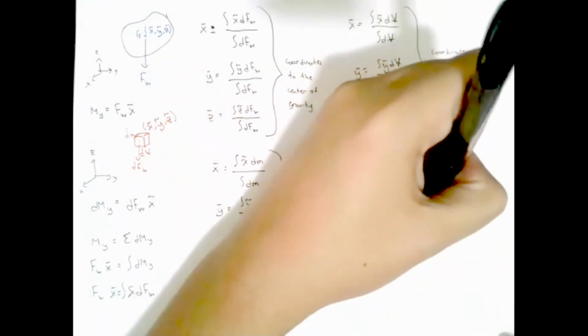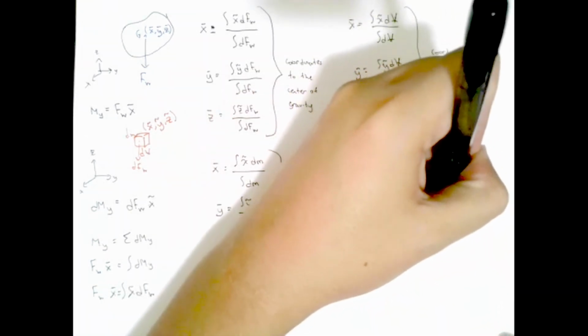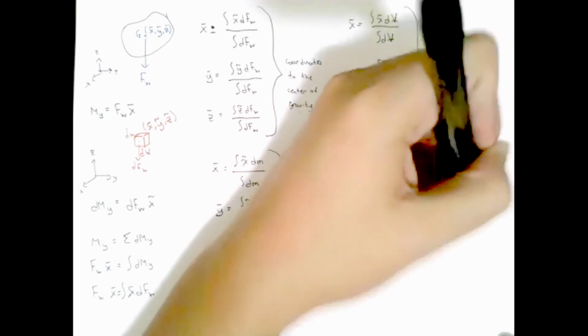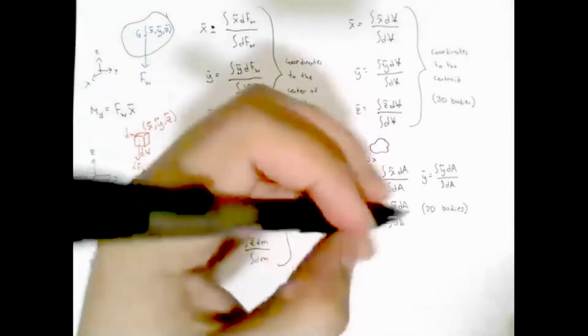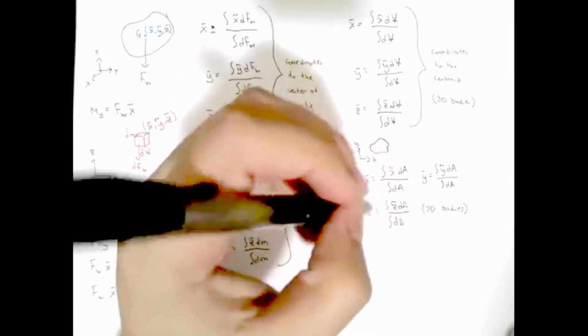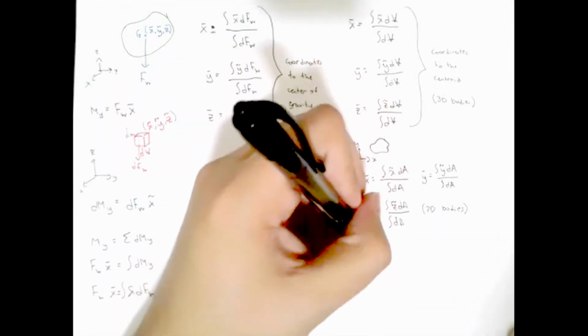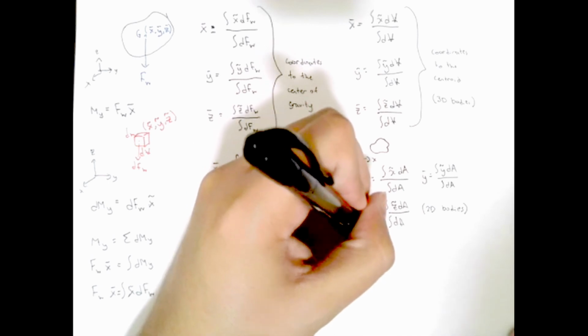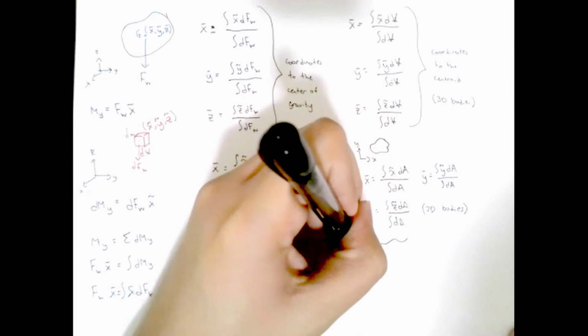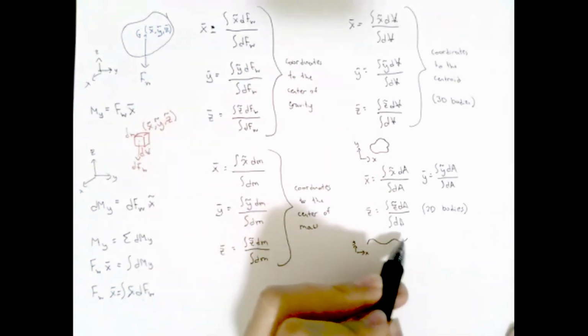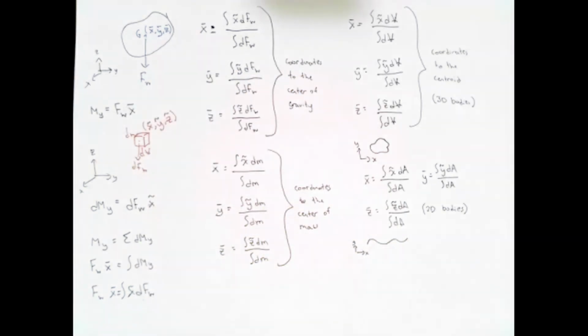And these are the coordinates for the centroid for 2D bodies. Okay? Now, what if we're only looking at a one-dimensional body? In other words, let's say we're looking at a curve. It can still be in xy space, but it is a curve. It's a one-dimensional element. One-dimensional elements do not have area.